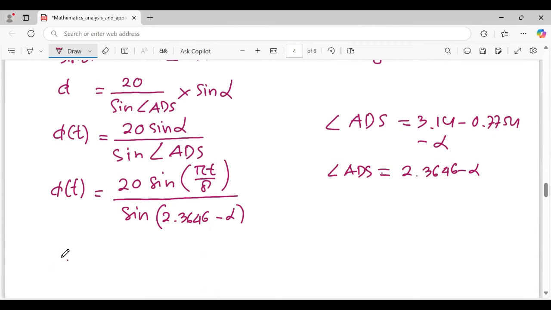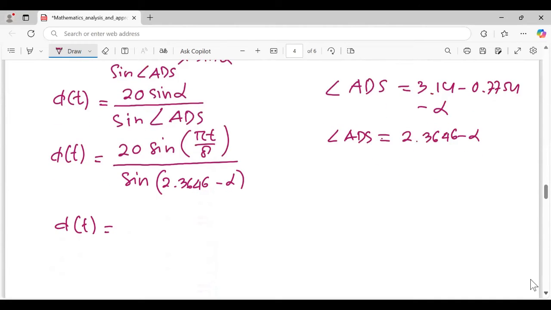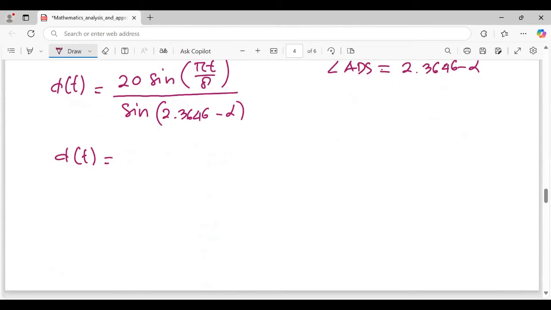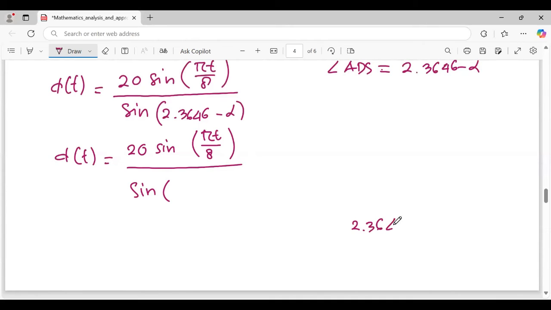So dt equals, and more space, dt equals 20 sine pi t over 8 over sine of 2.3646 rounded to 2.37.